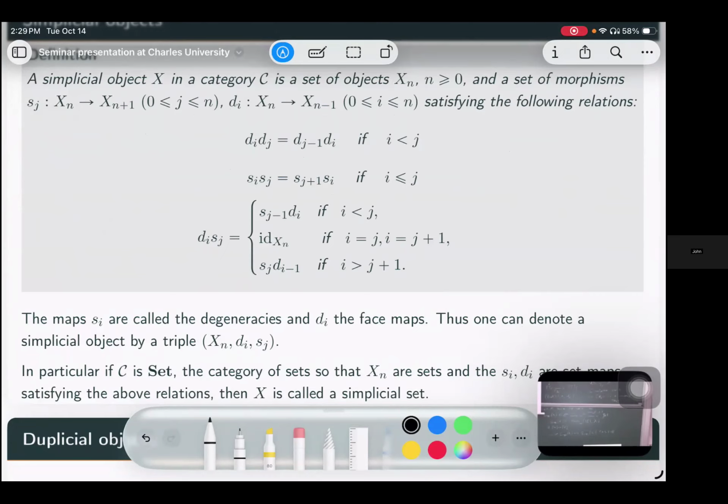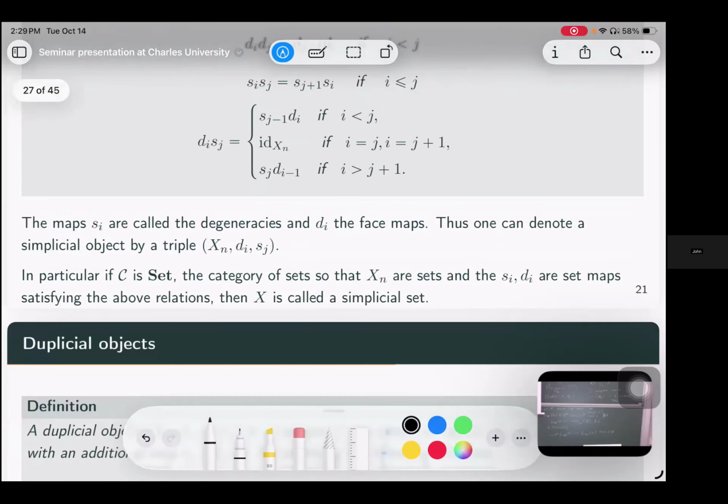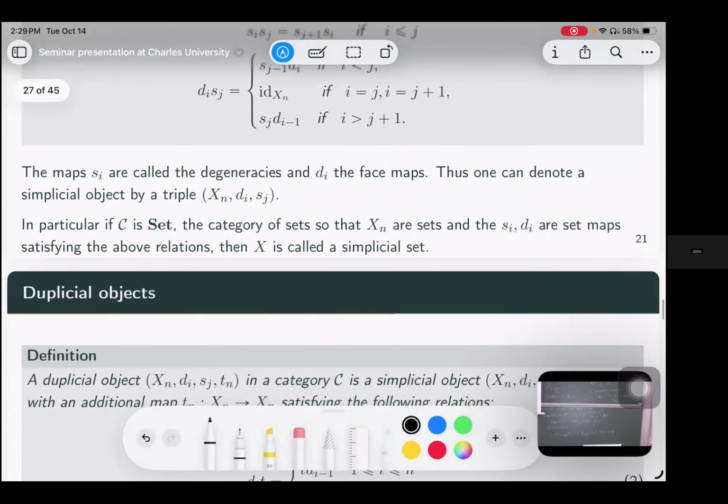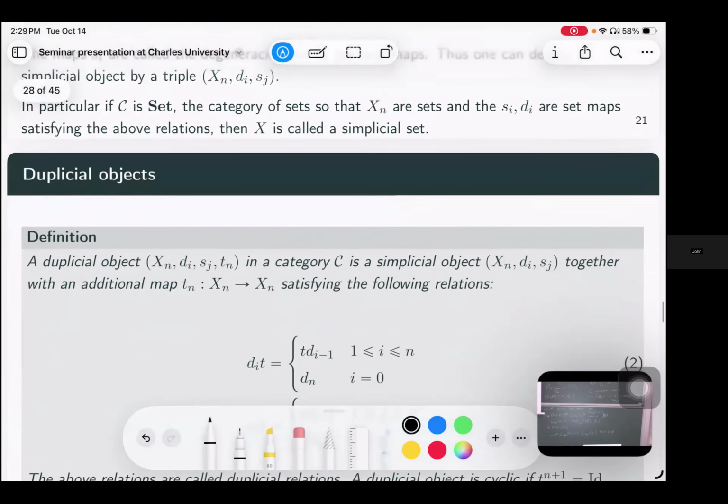And if I have i equal to j or i equal to j plus 1, then d_i s_j must be the identity. And if I have i greater than j plus 1, then d_i s_j must be equal to s_j d_{i-1}. So I think he said all about that.